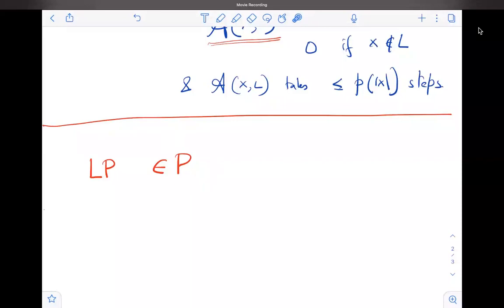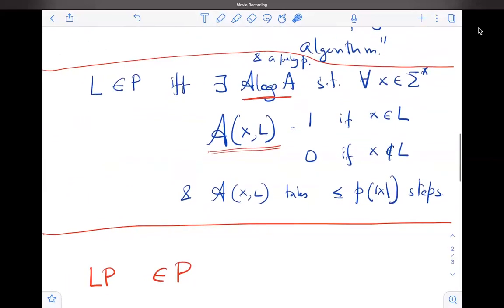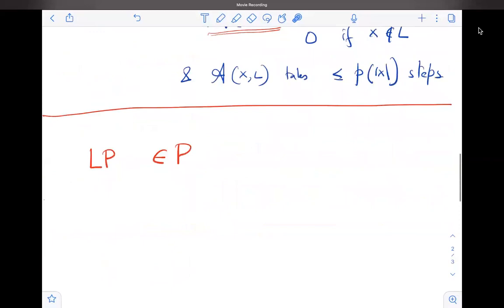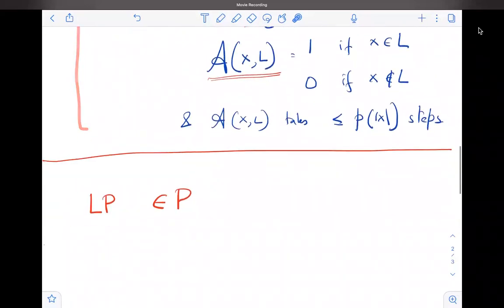Haven't you shown that if the decision version of LP is in P, then the optimization can also be solved? Correct, you're completely correct, but the formal definition is only for the decision version. So don't say, you have given me a definition of P for the decision version and now you're writing a statement for optimization.